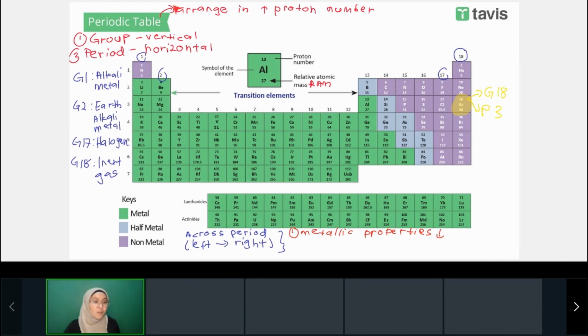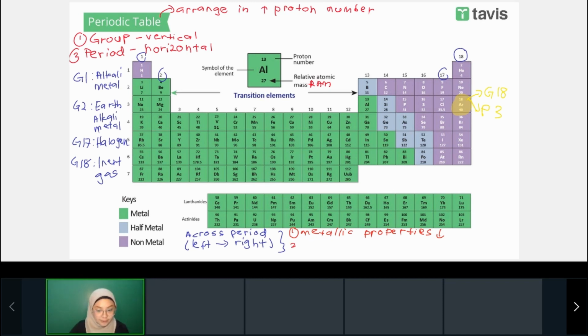You can see from the periodic table, from left to right, lithium is a metal. Then boron is a half metal already. Then carbon, nitrogen, oxygen, fluorine are all non-metals. So the metallic properties decrease.